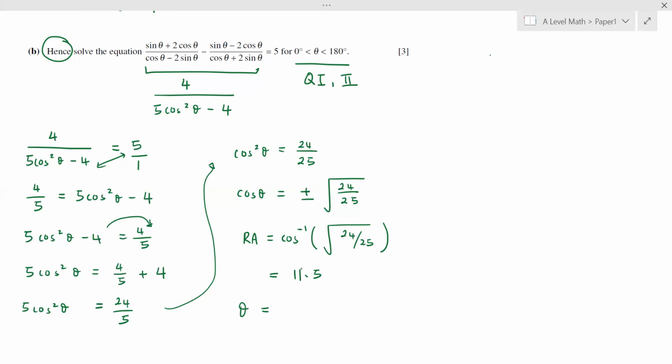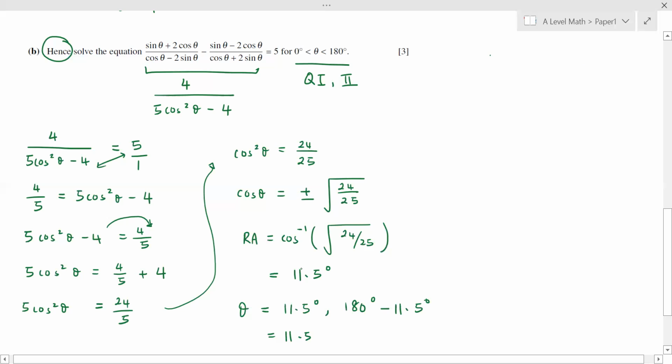In quadrant 1, theta is just the reference angle 11.5. And in quadrant 2, we have 180 minus 11.5. So that theta is either 11.5 or 168.5.